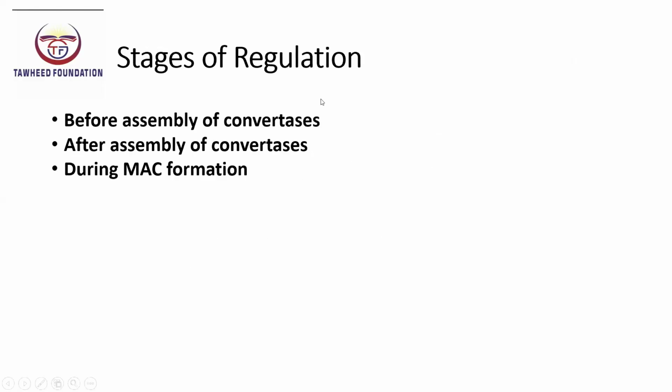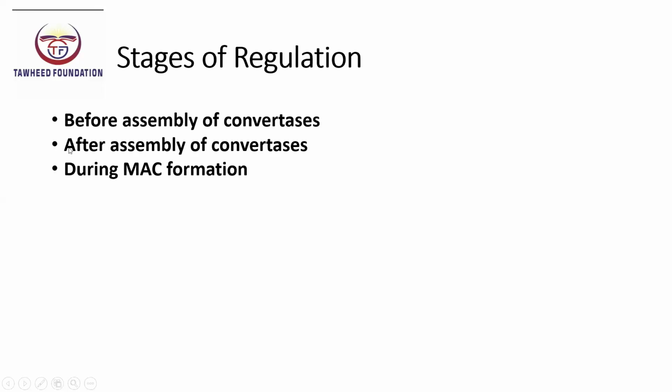Next are the stages of regulation. Complement regulation occurs at three main stages during the cascade: one, before assembly of convertases, two, after assembly of convertases, and three, during MAC formation. First, before convertase formation, preventing early activation of the pathway.